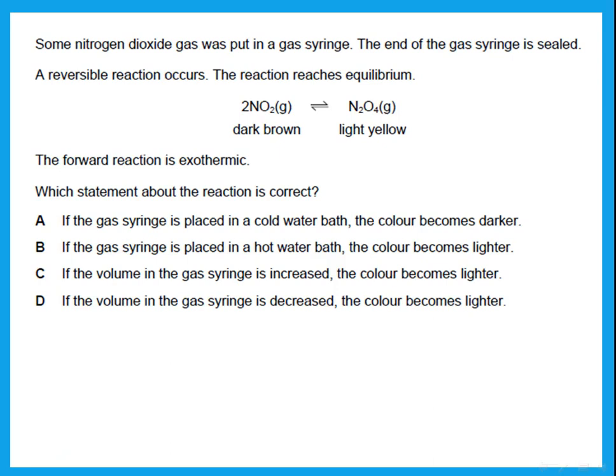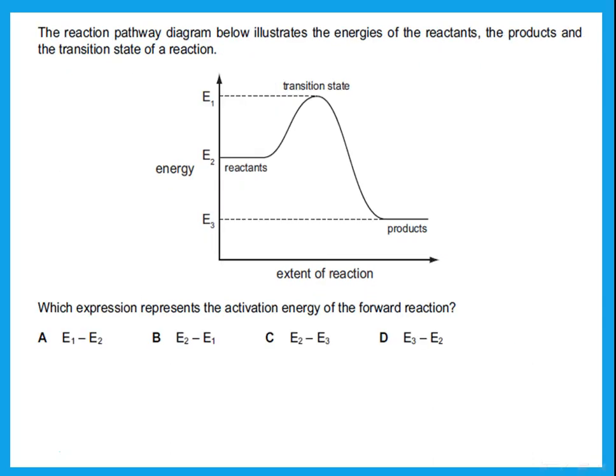So increasing the pressure, this reaction should go forward or shift to the right. And that means that the color should become yellow or lighter. So actually, choice D is the correct. Do we understand why? Please think about this again.